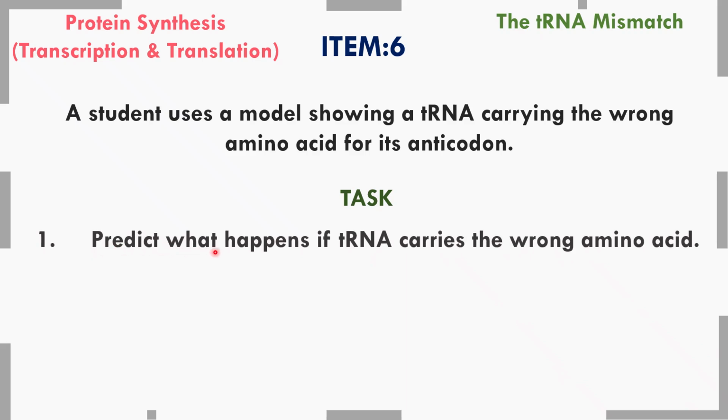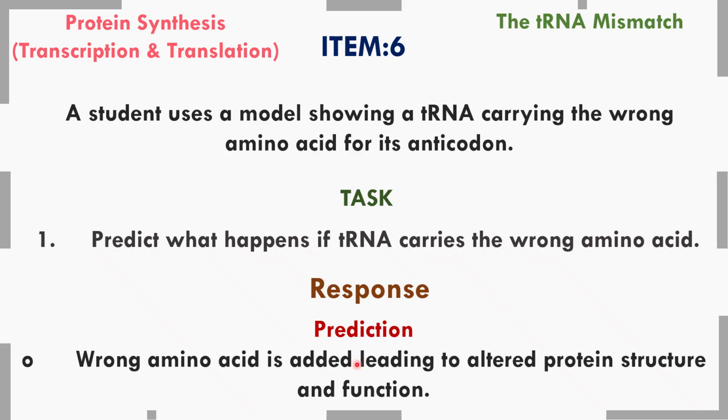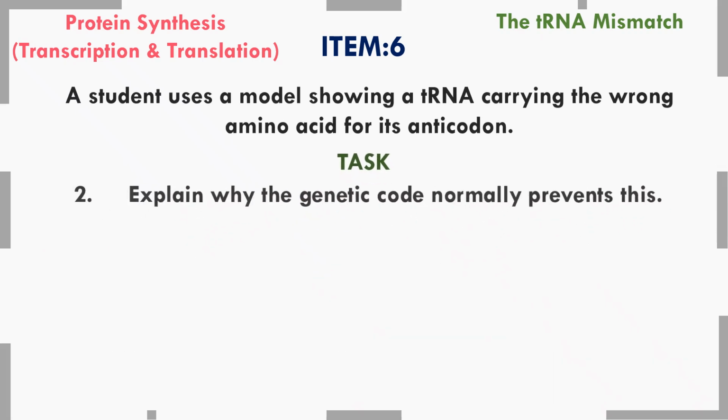Let's start with predicting what happens if the transfer RNA carries a wrong amino acid. Prediction: the wrong amino acid is added, leading to altered protein structure and function. Explain why the genetic code normally prevents this.